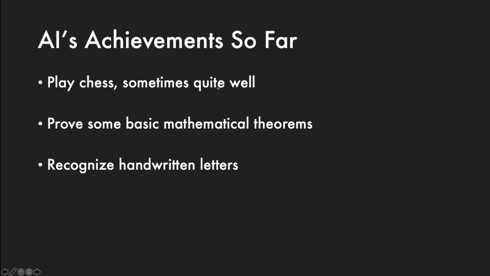And so they'd actually accomplished quite a bit in AI. So got computers to play chess and sometimes beat human beings occasionally, prove mathematical theorems, just basic ones, but that's pretty cool, and recognize handwriting.